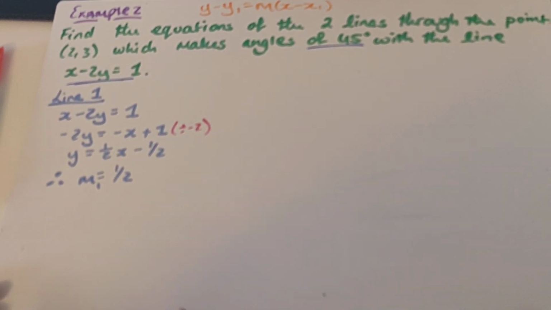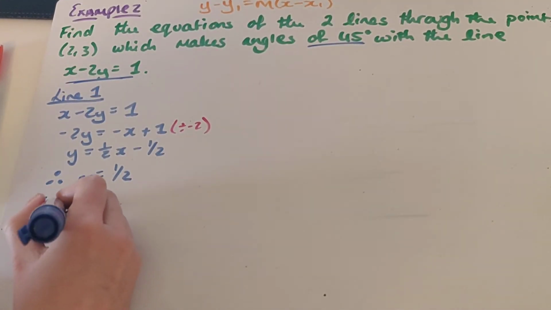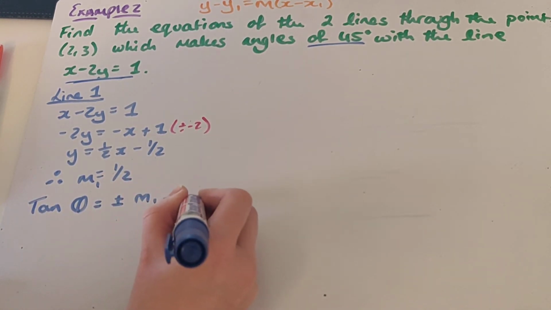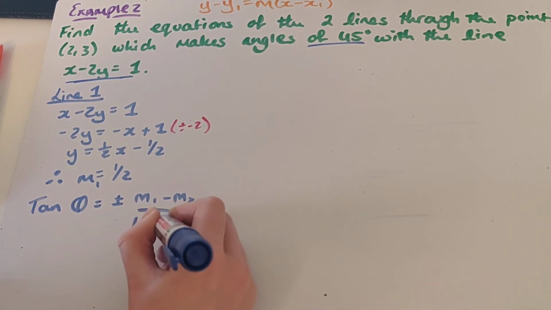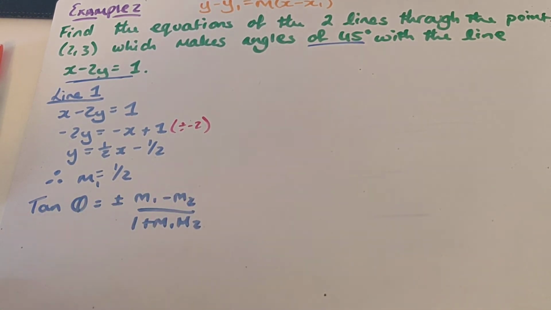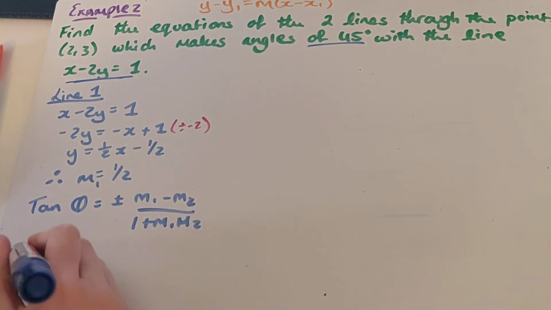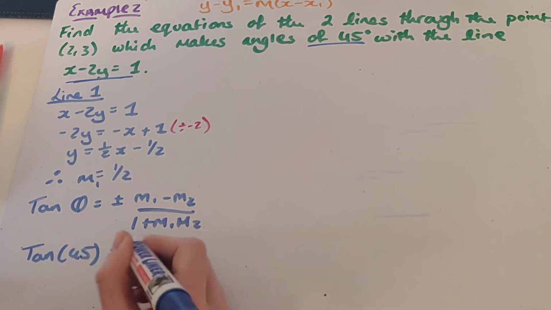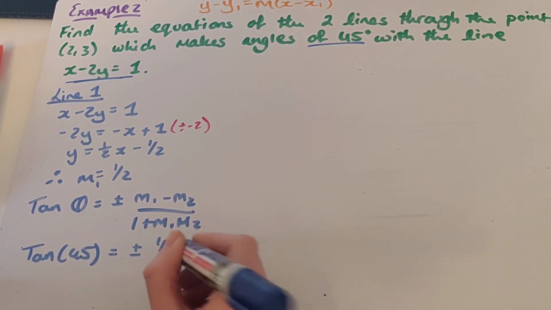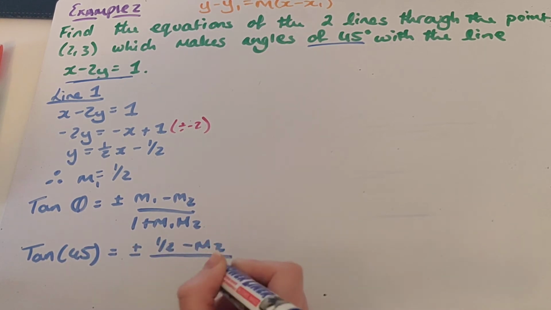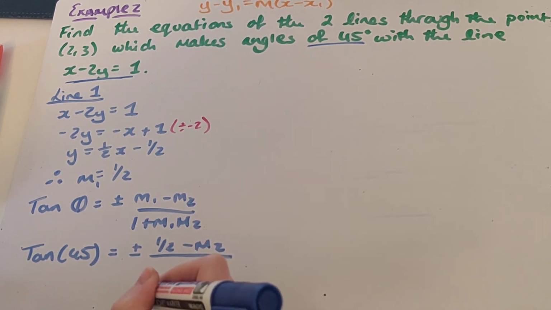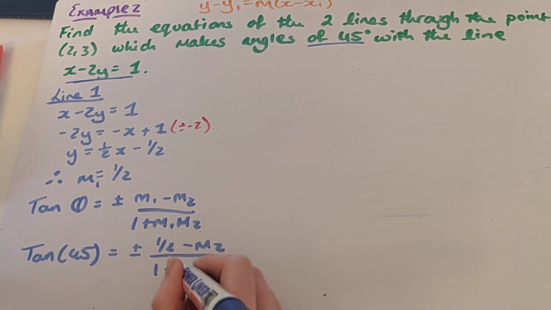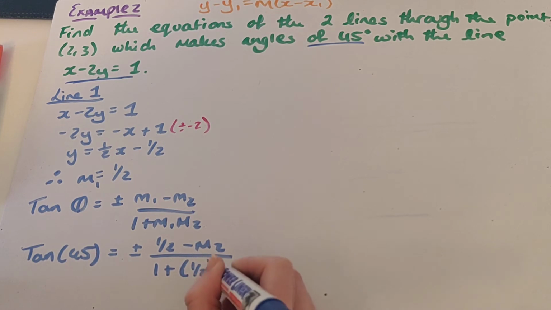So I'm now going to use my tan theta formula to try and find m2. So tan theta is equal to plus or minus m1 minus m2 all over 1 plus m1 times m2. Well, they've told me that theta is 45, so it's really the tan of 45 degrees is equal to plus or minus m1, which we just said was a half, minus m2 all over 1 plus a half by m2.